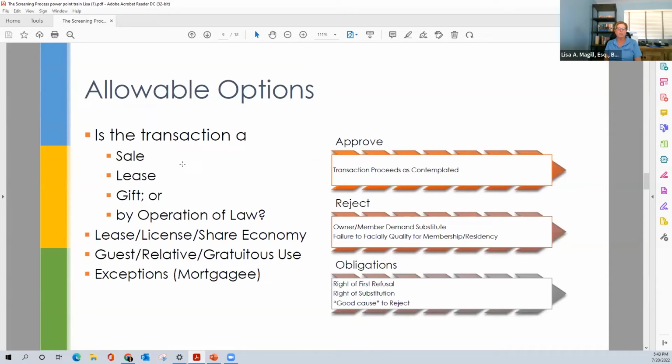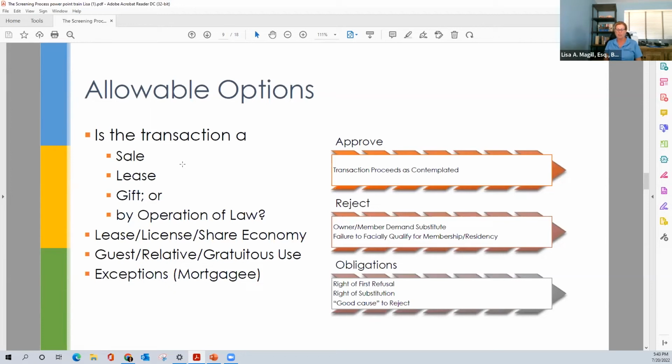Now, there's a question here. It says, we've been told by legal counsel there's practically nothing that we can deny a tenant for. And if that's the case, why do you screen? Well, it may depend on your documents, which may be very, very limiting. And if they are, that's something that you can address and that you can amend. But tenancies are scrutinized far less than purchases.